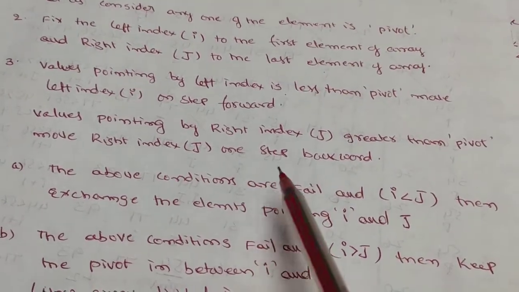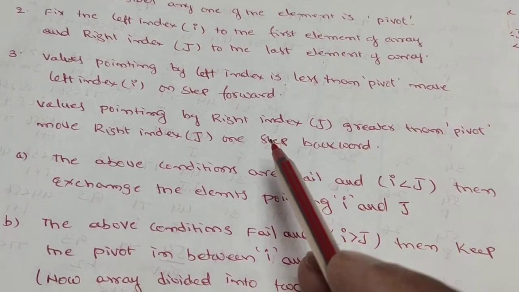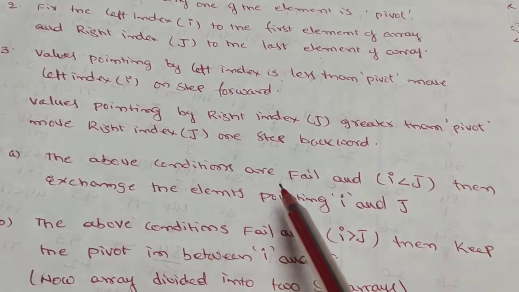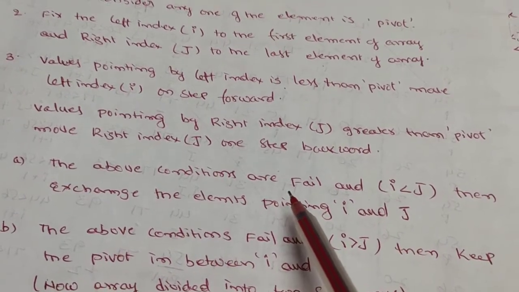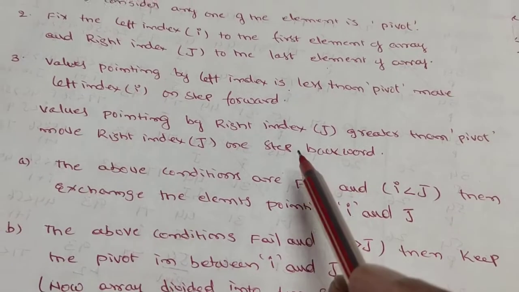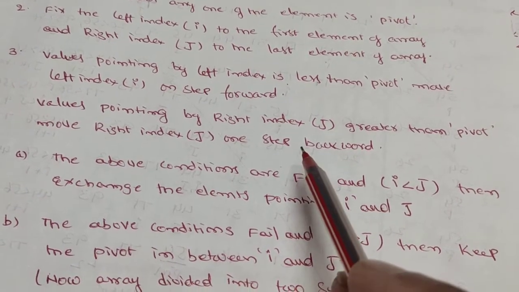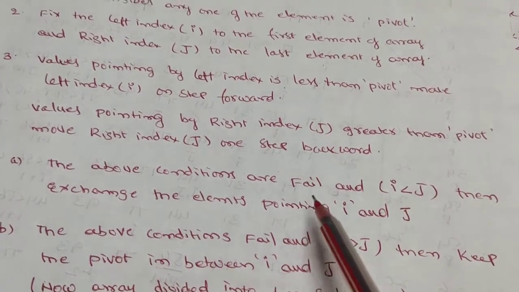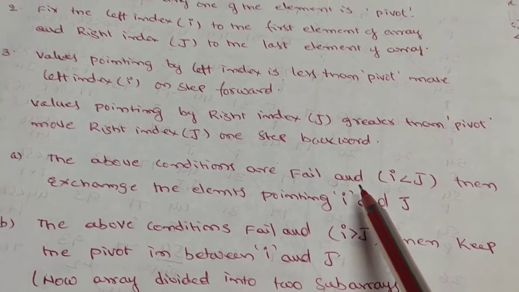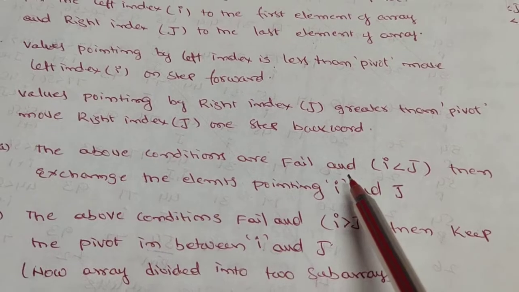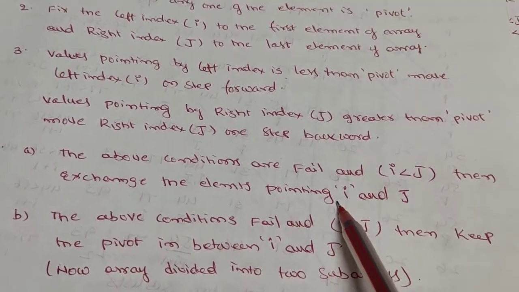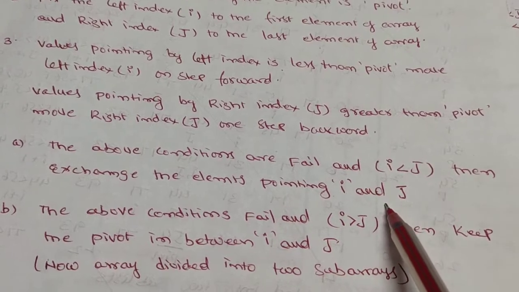When we move the left and right indexes, that means the i and j values, we consider i less than j. Suppose at some position the conditions fail and i is less than j, that is, the left index is less than the right index, then we exchange the values pointed to by the left index and right index.